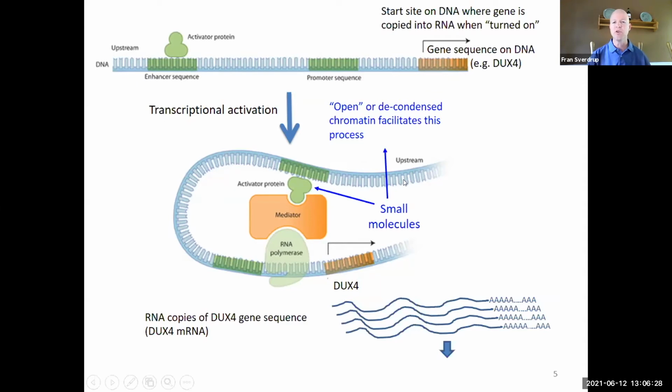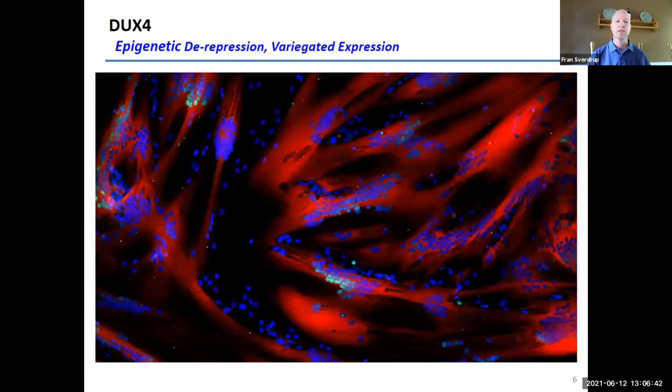And many groups are actually looking into different drug classes that could potentially regulate and decrease the expression of DUX4, decrease the ability to make RNA copies. So the end result of this is that you get epigenetic derepression, so the changes in chromatin to make it more open, and then this variegated expression.